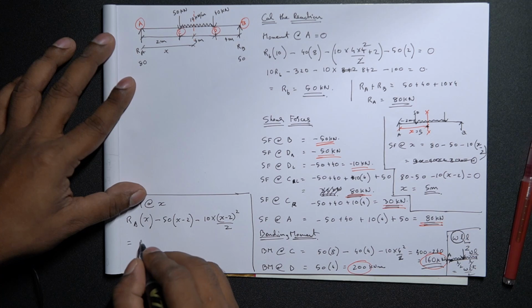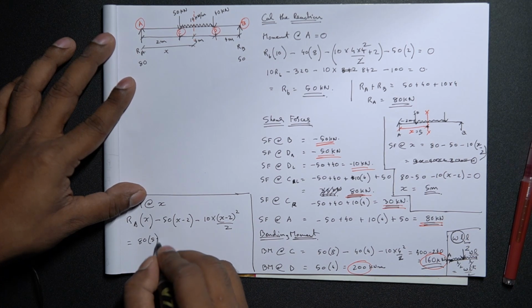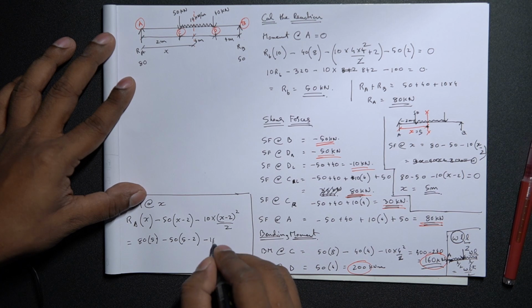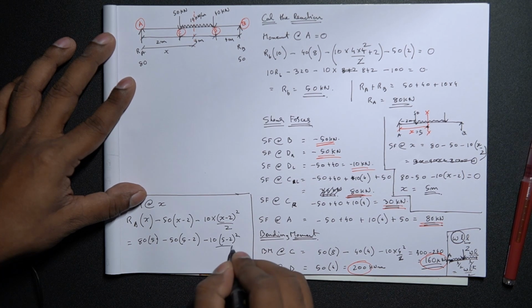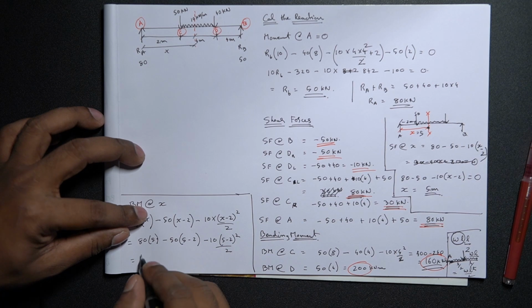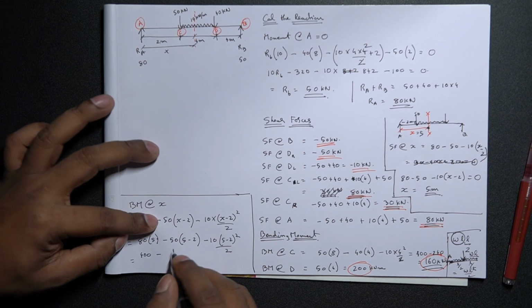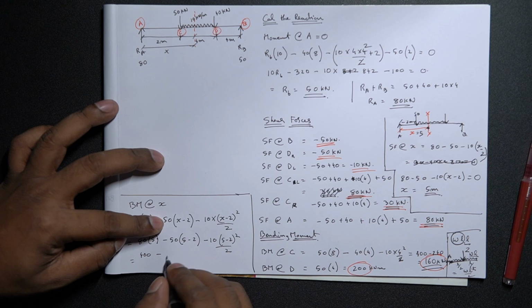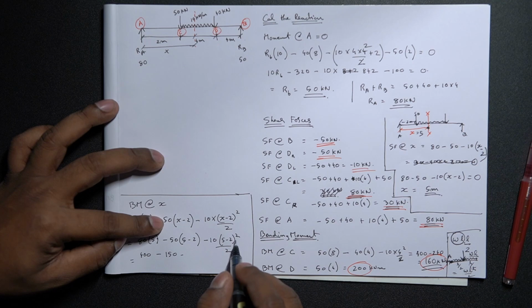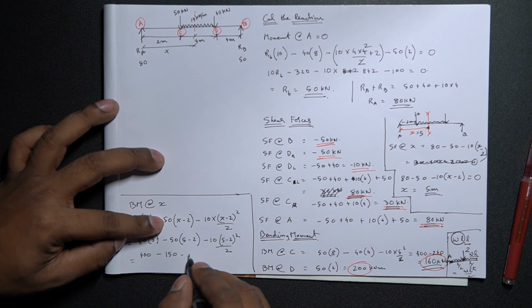So this would be 80 into 5 minus 50 into (5 minus 2) minus 10 into (5 minus 2) whole squared by 2. So this would give us 5 8s are 400, minus 3 times 50 is 150, minus 3 squared is 9, 10 by 2 is 5, so 5 into 9 would be 45.